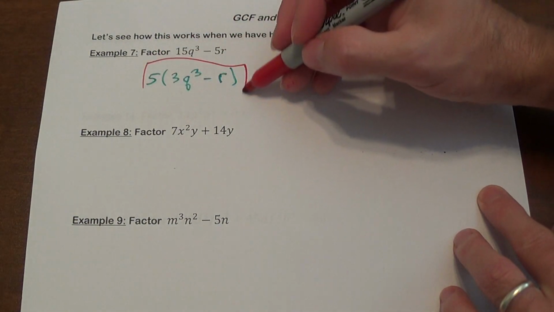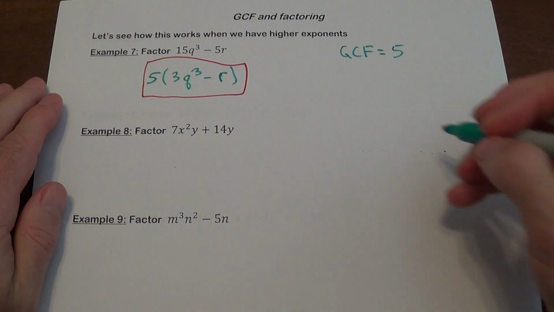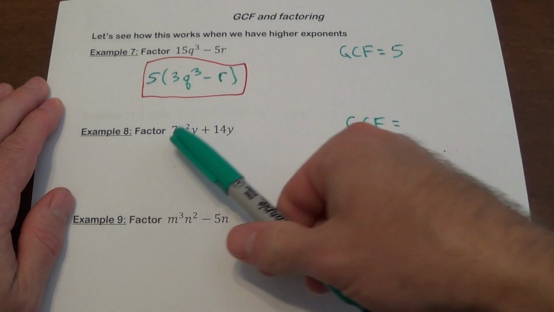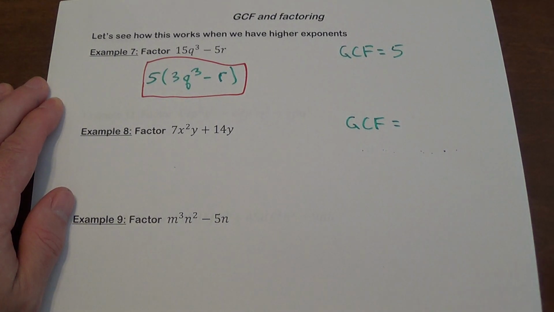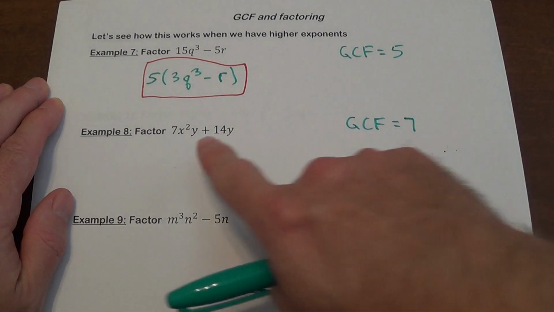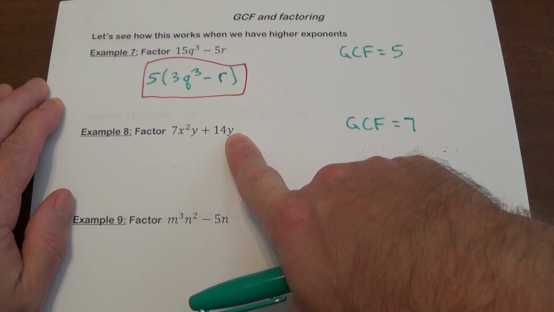Now let's take a look at a more interesting situation. So you have 15x squared y plus 14y. Let's start with numbers again. 7 and 14, what's the greatest number that goes into both? That is 7. What else? You have x squared here, but there's absolutely no x here, so we can't take x out.